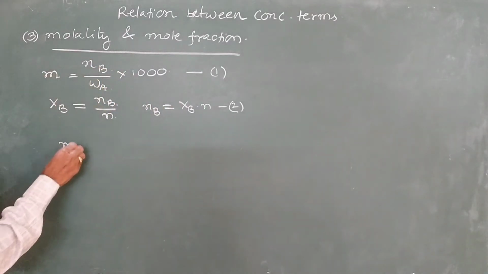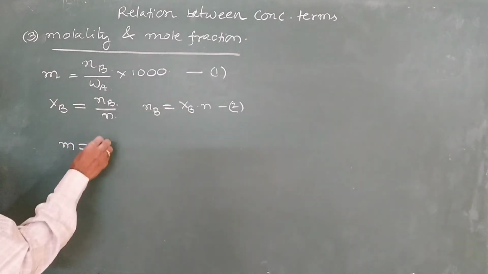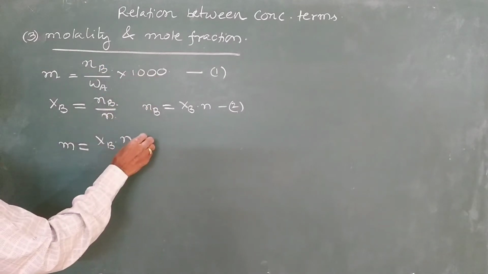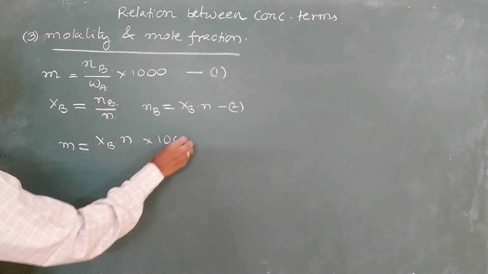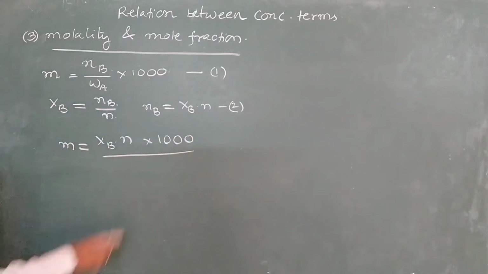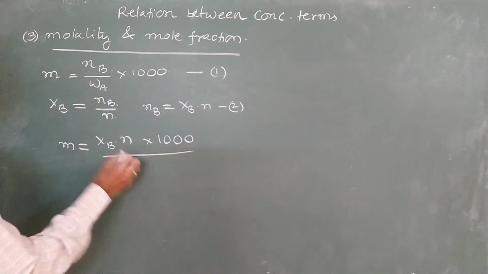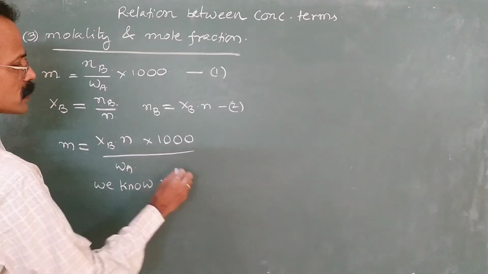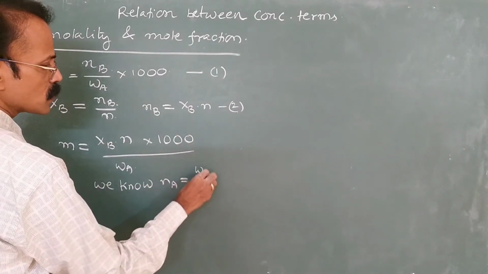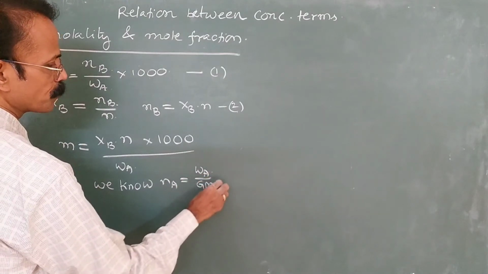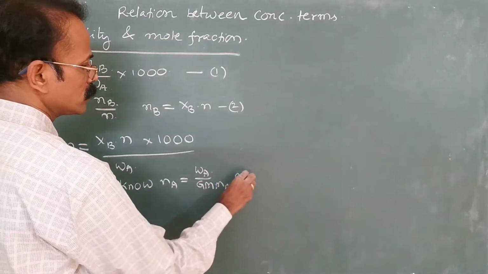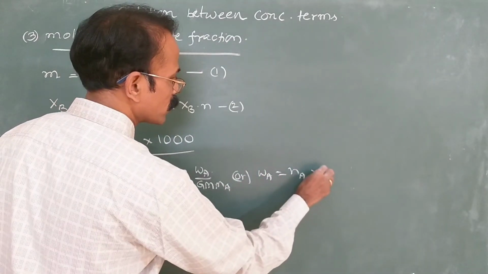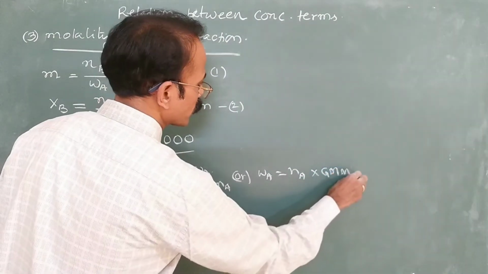So molality is equal to what now? Xb into N into 1000 divided by mass of solvent. Number of moles of solvent is equal to mass of solvent by gram molar mass, or mass of solvent is equal to number of moles of solvent into gram molar mass of solvent.